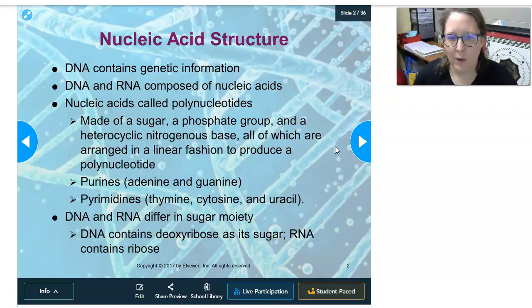You have two types of the nucleic acid bases: purines and pyrimidines. Purines are adenine and guanine, your A's and G's. Your pyrimidines are thymine, cytosine, and uracil, your T, C, and U bases in the code. DNA and RNA differ in the sugar. DNA is a deoxyribose sugar and RNA is a ribose sugar.